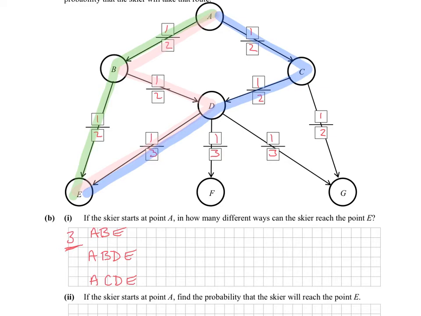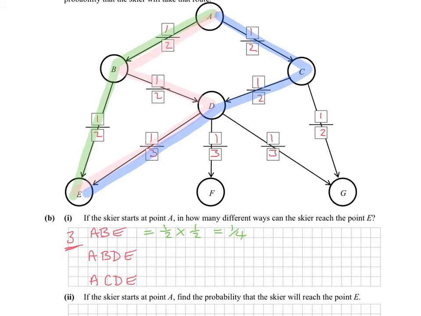So for ABE, when you have this sort of tree diagram style diagram, it's a case of multiplying along the branches. So it's going from A to B and going from B to E, which gives you a quarter.